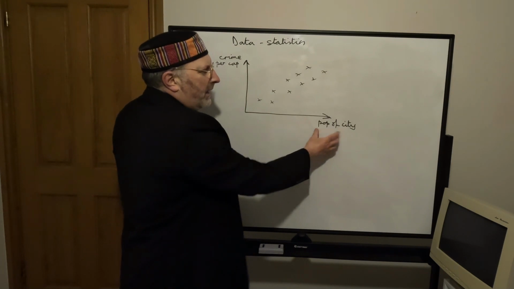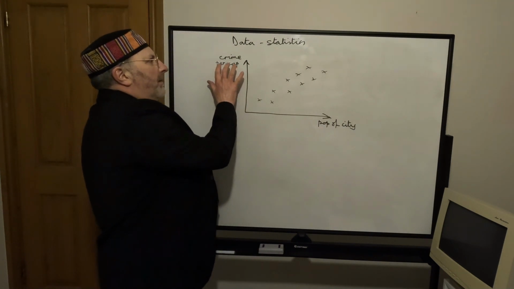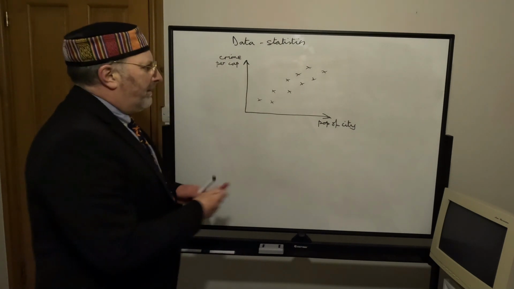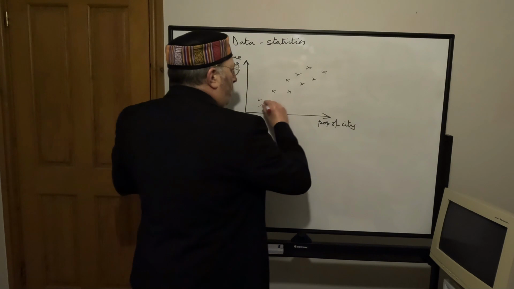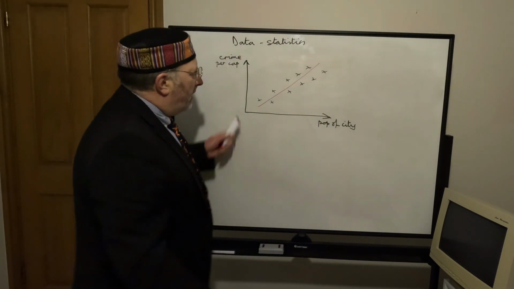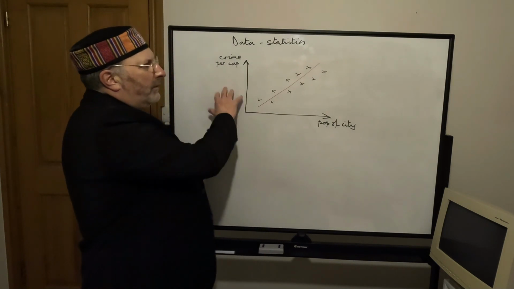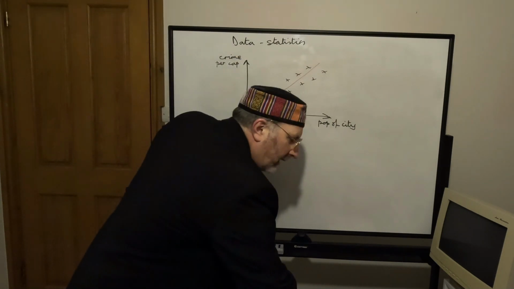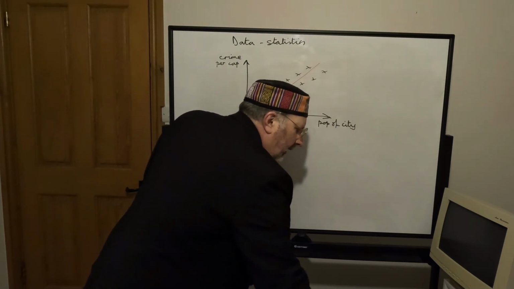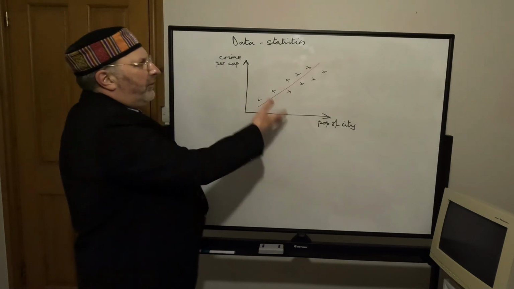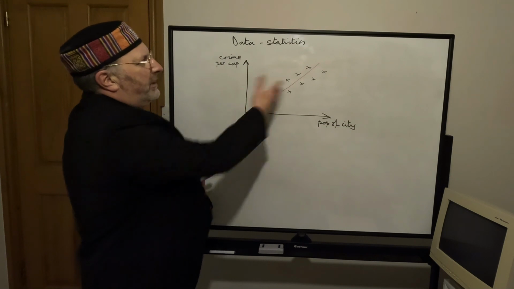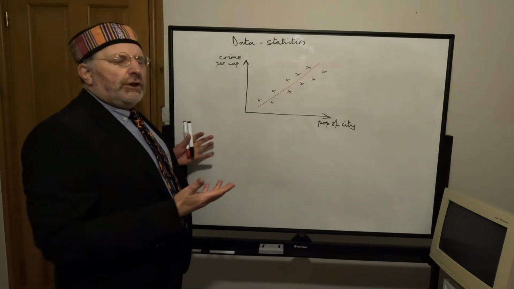It does seem that as the city population goes up, there's more crime per person, and so we might be tempted to draw a straight line through it and say that there is a correlation between the per capita crime rate and the population of the city. But the question is, is this apparent correlation a genuine one? Could this actually just have occurred by chance?